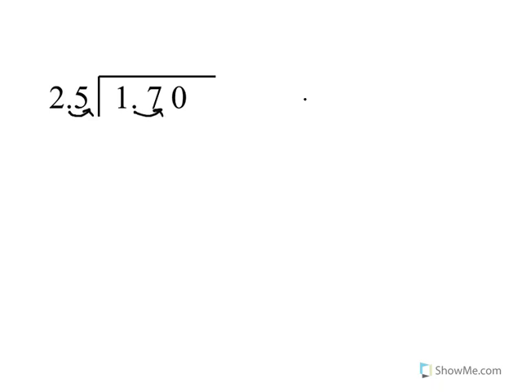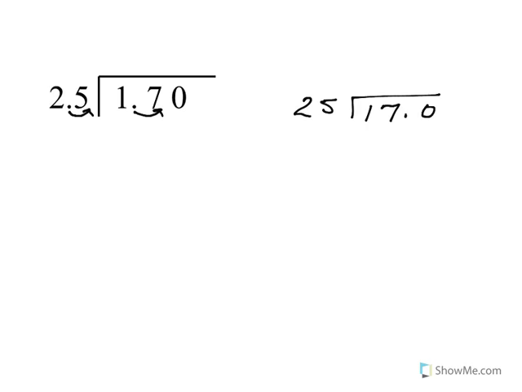And I'm going to rewrite my problem with 25 as my divisor and 17 0/10 as my dividend. I know I cannot get a group of 25 out of 1. I cannot get a group of 25 out of 17. But I can get some out of 170 if I think about it that way.